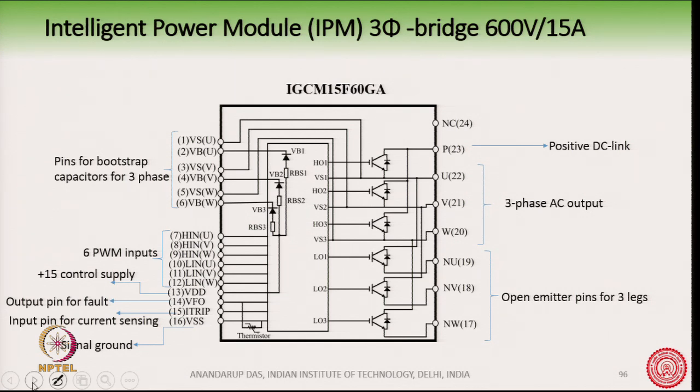Suppose you can see, for example, an IPM, one of Infineon's IPMs, and you can see there are 6 IGBTs inside the IPM. 3 are the upper IGBTs connected to the positive DC link, and then you have the negative side open emitter pins for the other 3 legs. Here you can see that the bootstrap diode as well as the resistor is already given inside this IPM IC, and all you have to do is add the capacitor.